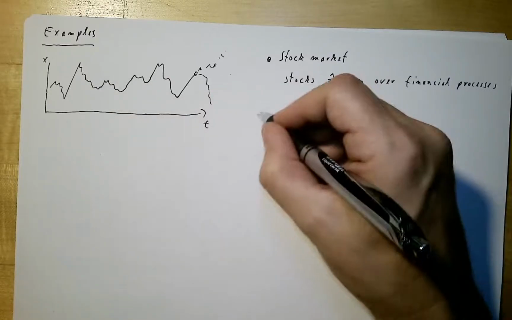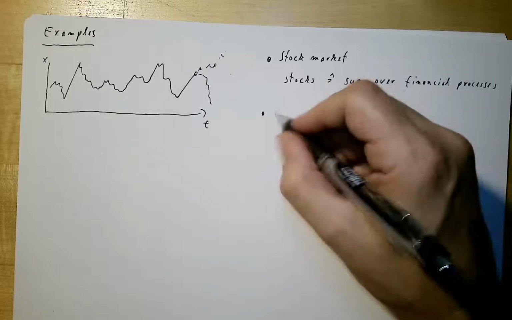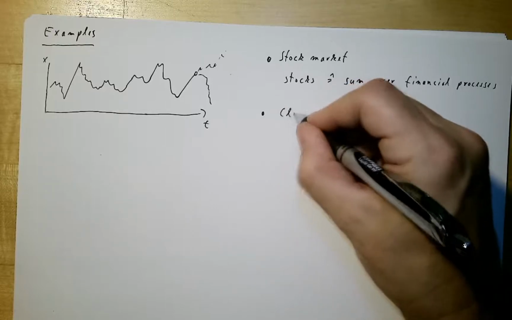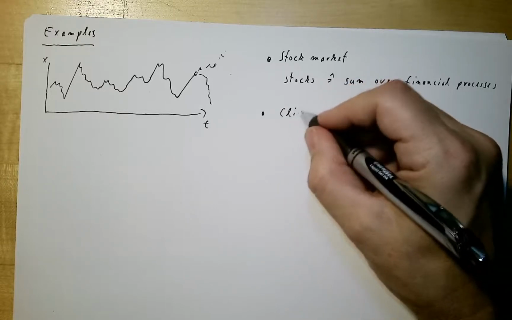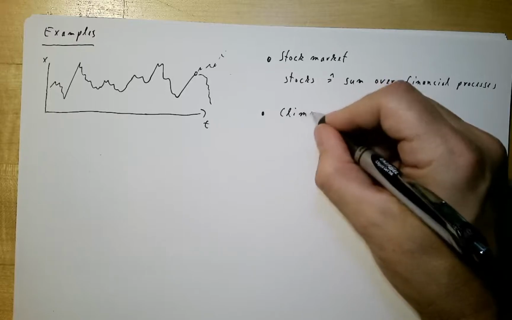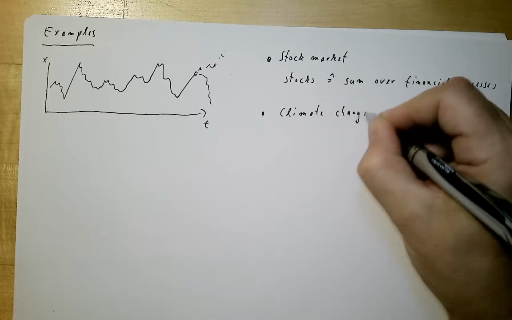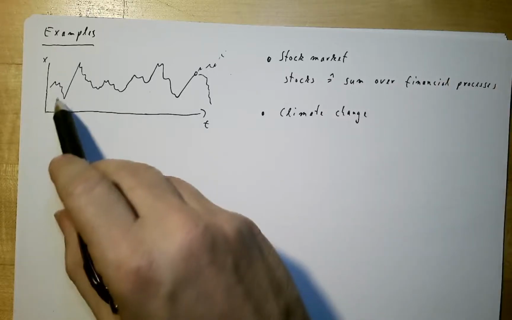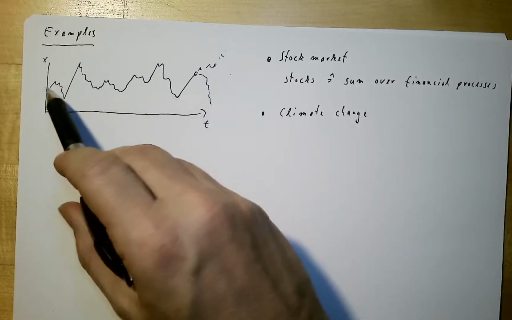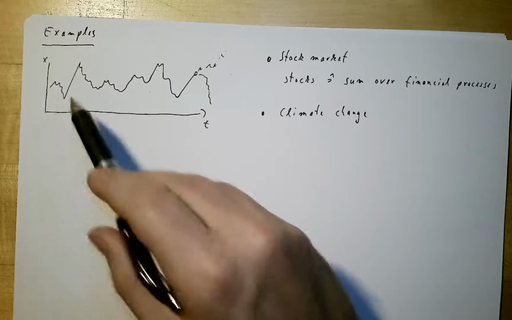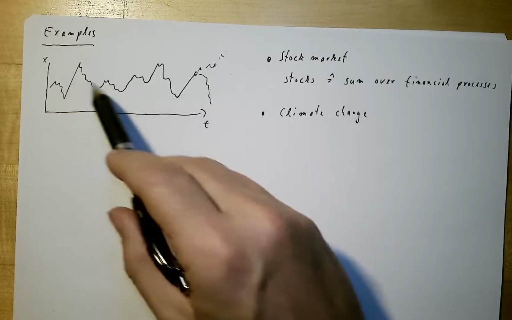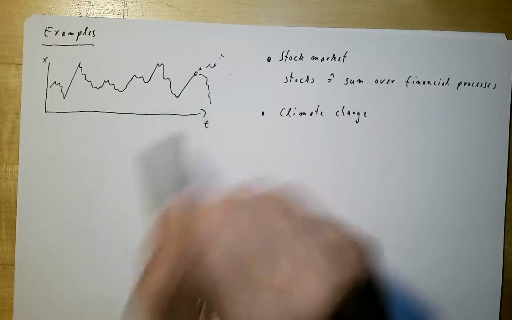Another example, that's very current, is climate change, where we also see such graphs, and this would be, for example, temperature, either global temperature or temperature of the environment in a certain time frame.